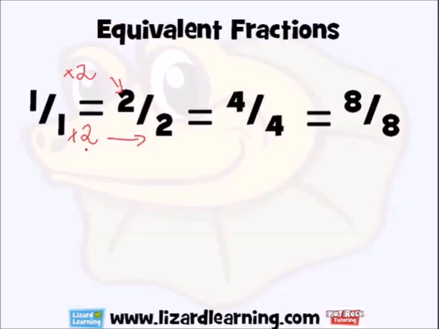So what we do to the bottom, the denominator, when we're chopping it up, we must do to the numerator. There's our rule. What you do to the denominator, you do to the numerator. Exactly the same. It's either multiply, or if you want to go back to where we started from, it's divide. Don't worry about it if you're getting a little bit confused, but just look at the pattern.